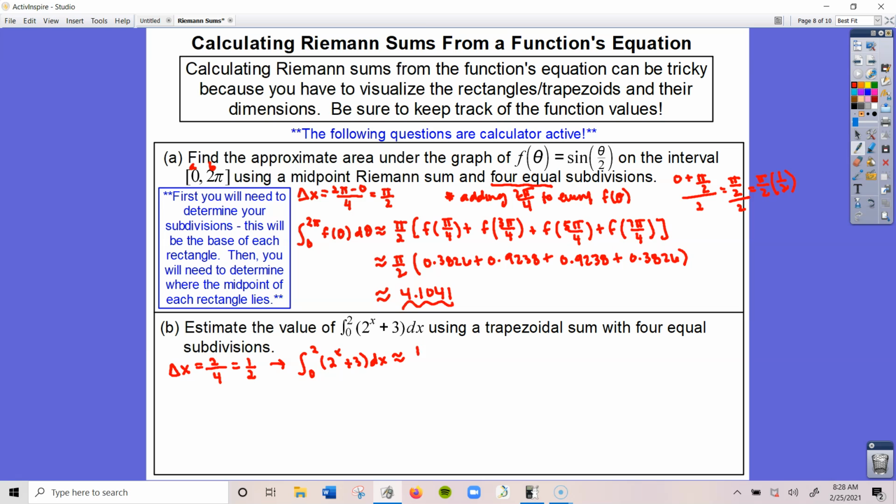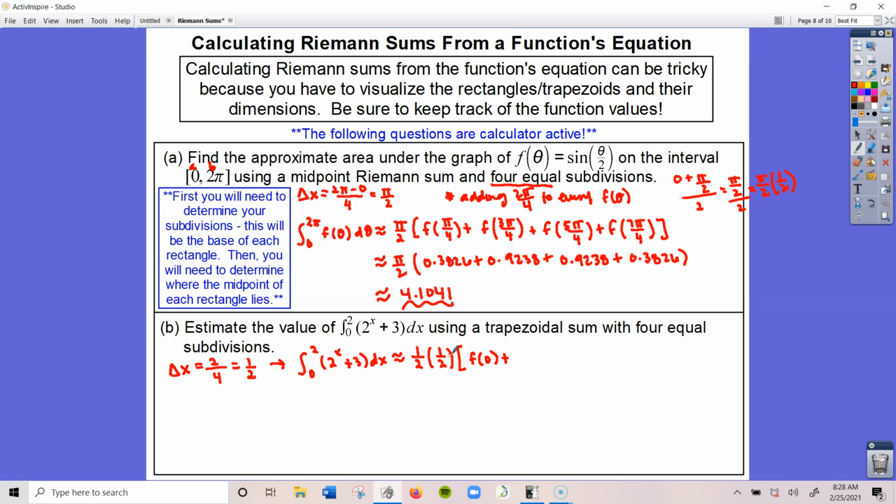the area of a trapezoid is 1/2 times the height, which is also 1/2. Now in this particular case, since it's 4 equal subdivisions, we use the first function value, which is f of 0, because that's the beginning of our interval, plus then we're going to add double of every one of those intervals in between, and the last one is singular.